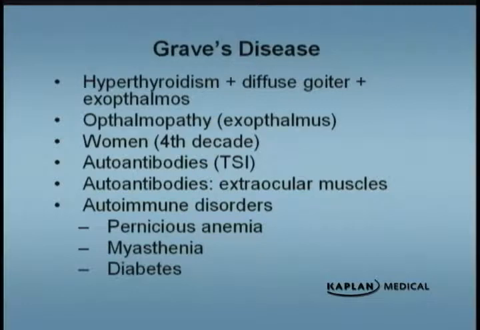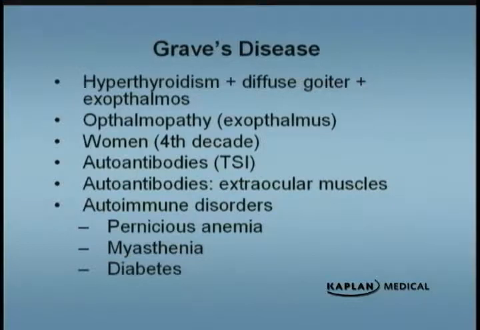They act like TSH, and what they do is they activate the TSH receptors on the thyroid, and that's why you get the diffuse enlargement. It's basically like having excess TSH in the body when you have these antibodies.